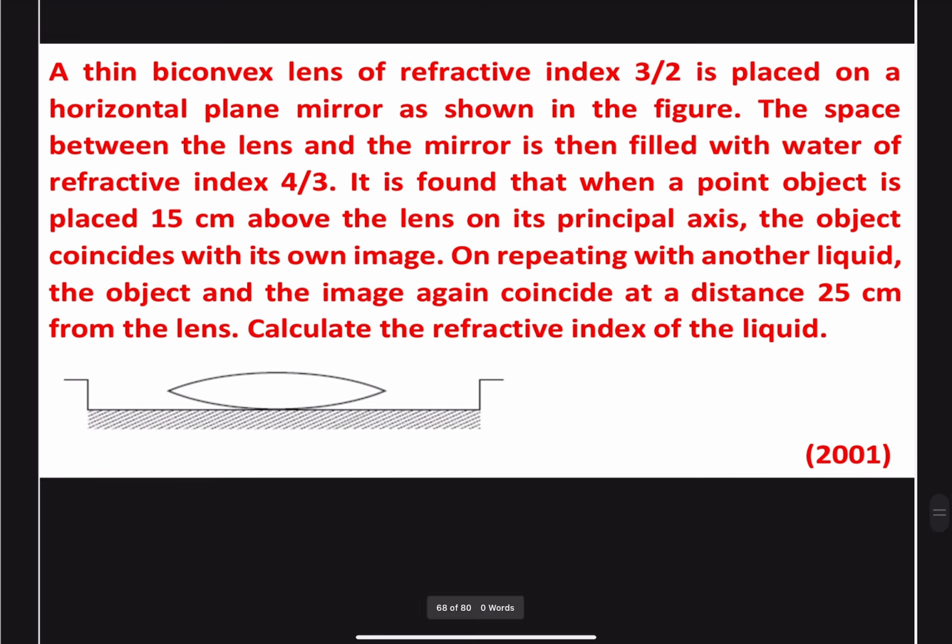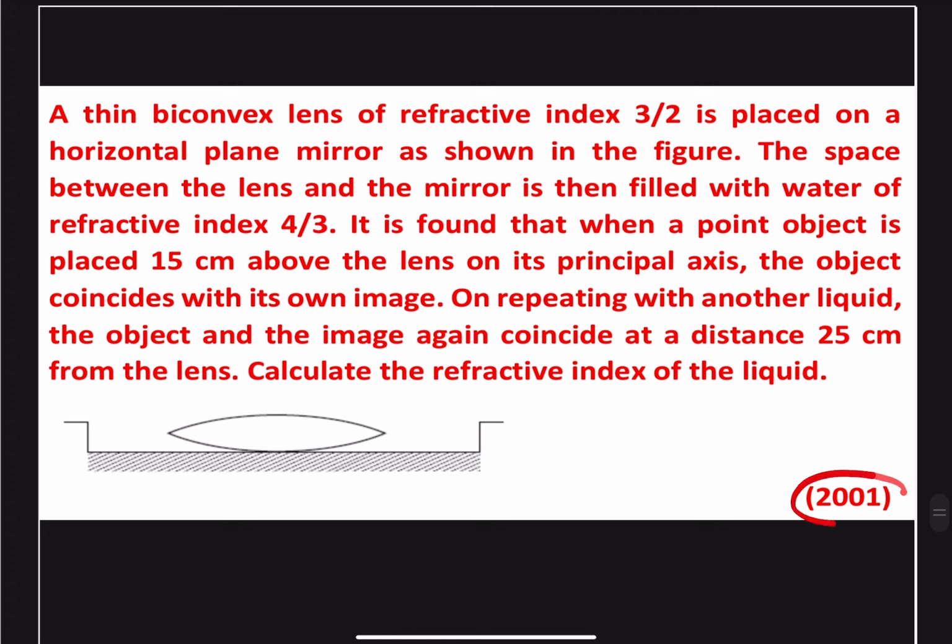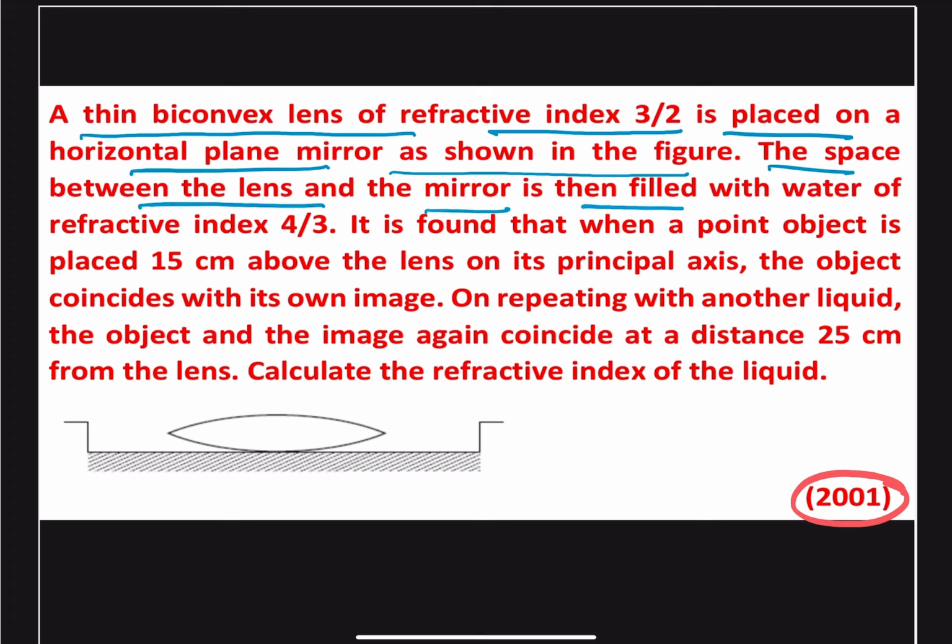And here it was asked in the year 2001, and it states that a thin biconvex lens of refractive index 3/2 is placed on a horizontal plane mirror as shown in the figure. The space between the lens and the mirror is then filled with water of refractive index 4/3.